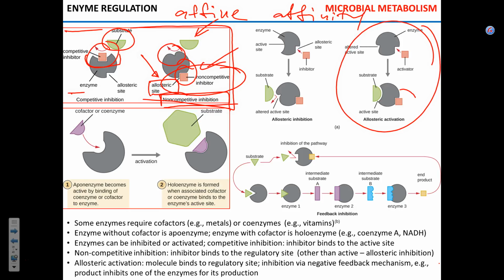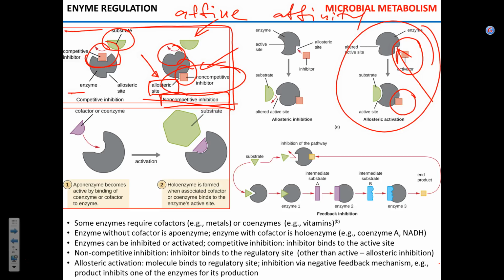This is called allosteric activation, when an activator molecule binds to some other site rather than the binding site. It's not inhibition, it's activation. Other than that, conceptually it's the same principle. It's just not inhibiting, it's actually activating the enzyme.